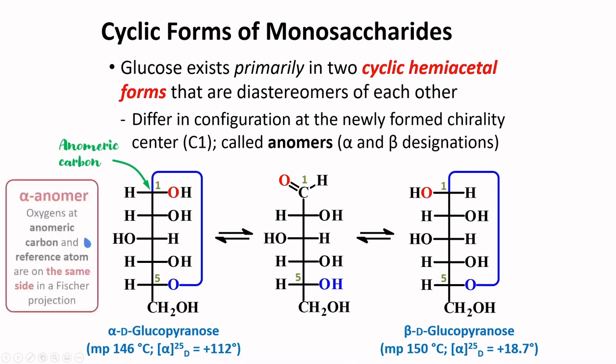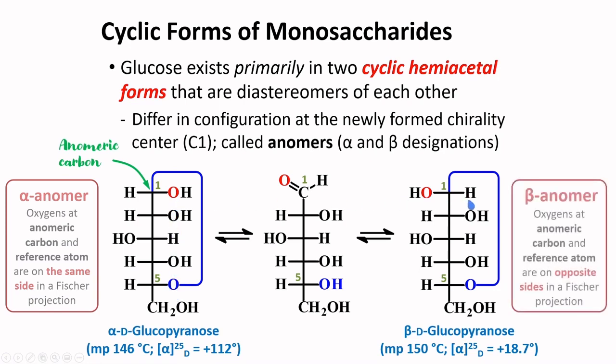We designate the cyclic hemiacetal form of a monosaccharide as the alpha anomer if the oxygens at the anomeric center and the reference carbon are on the same side in a Fischer projection. On the other hand, we designate a cyclic hemiacetal form of a monosaccharide as a beta anomer if the oxygen at the anomeric carbon and the reference atom are on opposite sides in a Fischer projection.